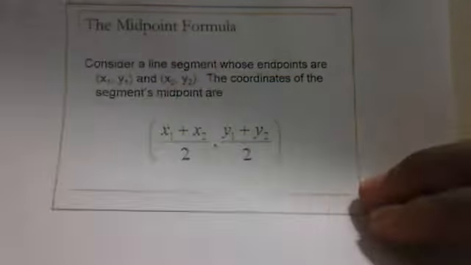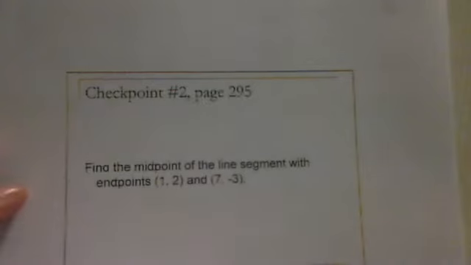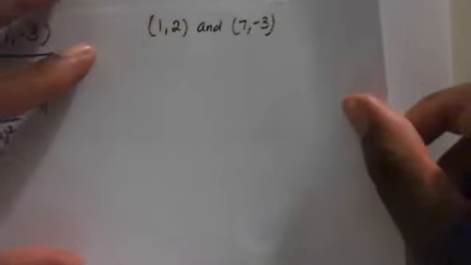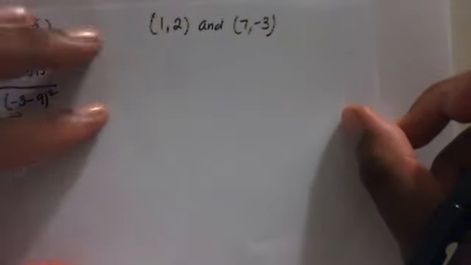All right, now let's look at an example that tells us how to find the midpoint. Here we want to find the midpoint of the line segment whose endpoints are 1, 2, and 7, negative 3. So we're looking at the ordered pairs 1, 2, and 7, negative 3. Okay, now we want to find the midpoint.